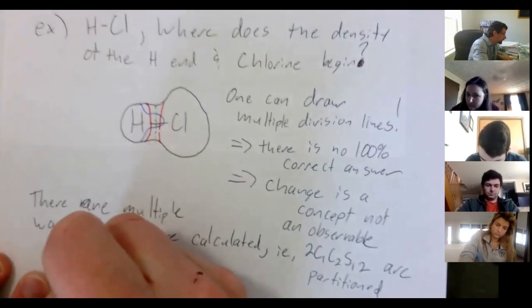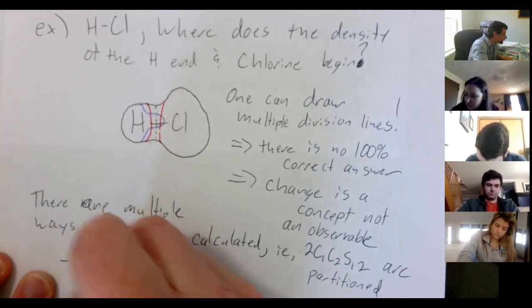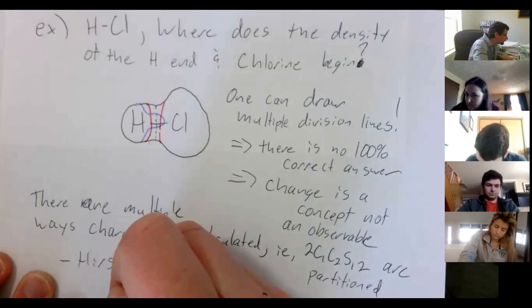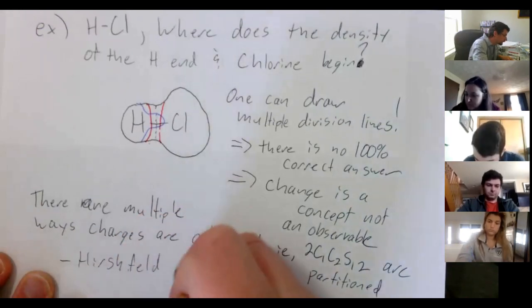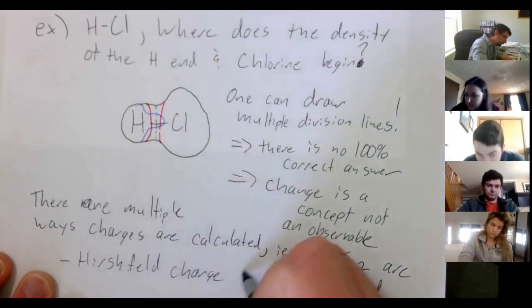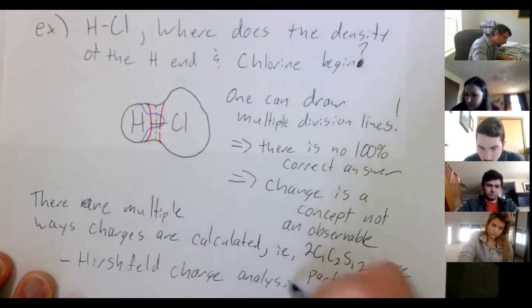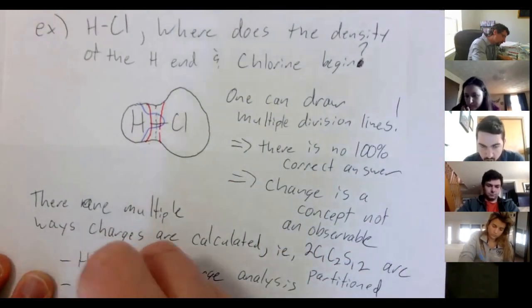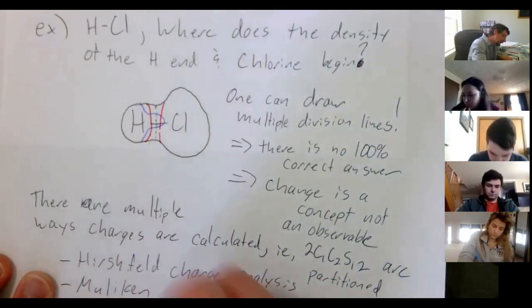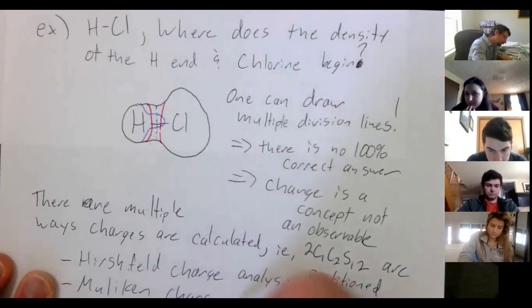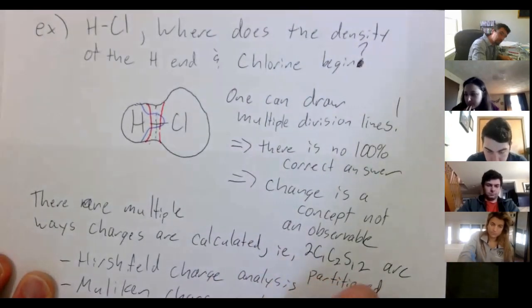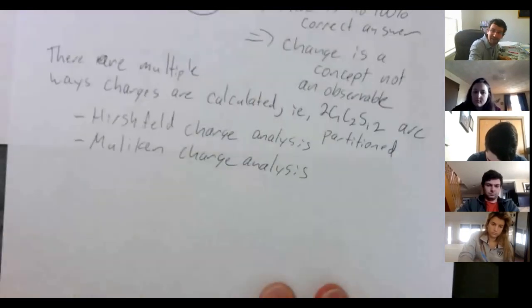So there are Hirshfeld charges. There's the Mulliken charge analysis. You don't have to write this down, especially because you can't see it right now.